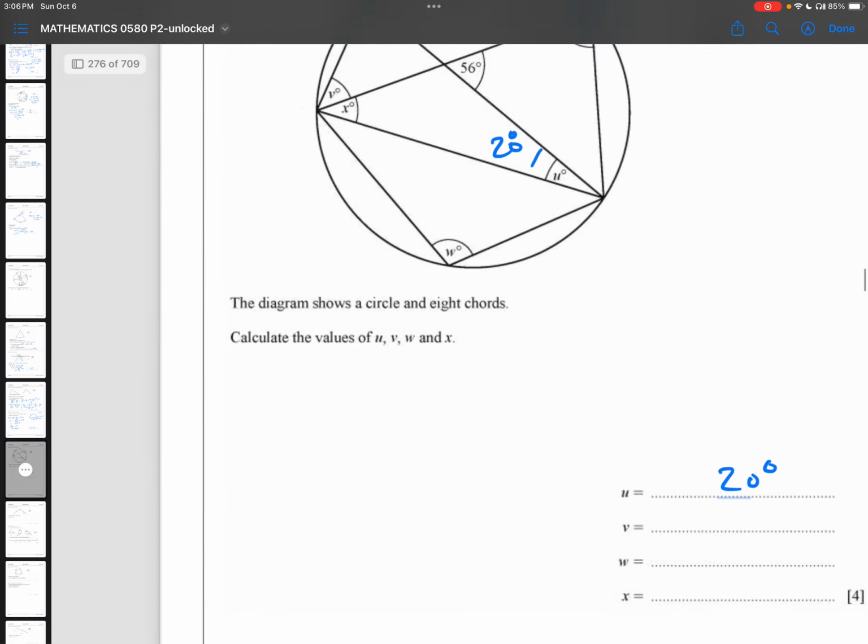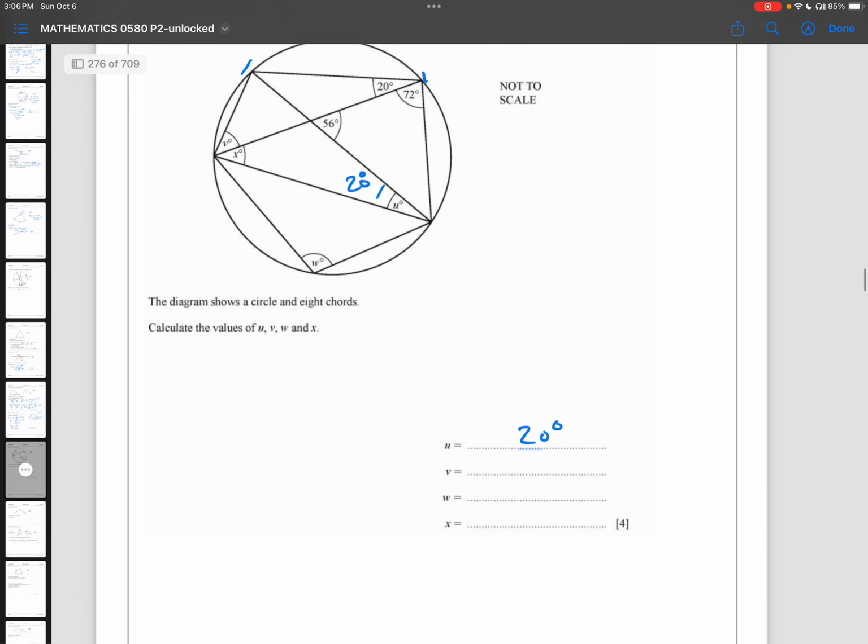So we have already calculated u over here. We need to find v now. And I told you guys that this will also be equal to v, the angle by the same chord. And v will be equal to 180 minus 72 minus 56.